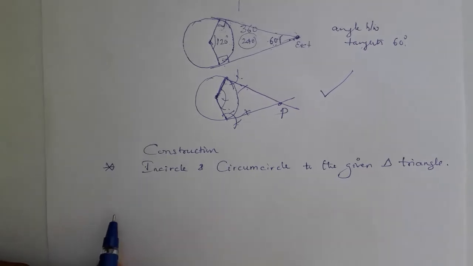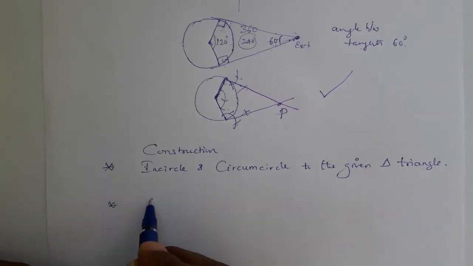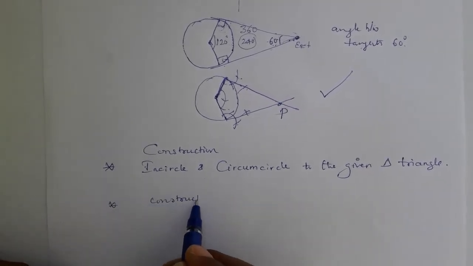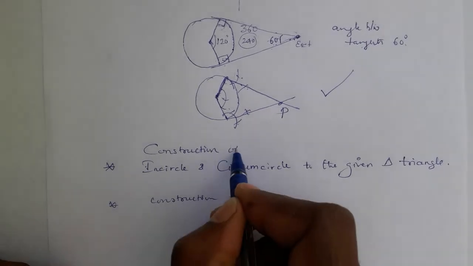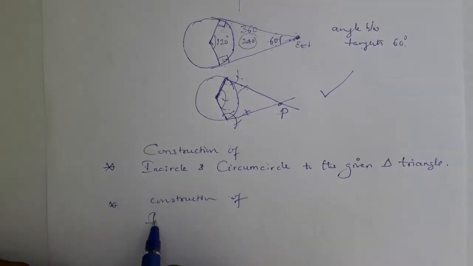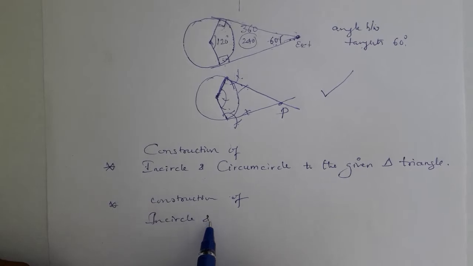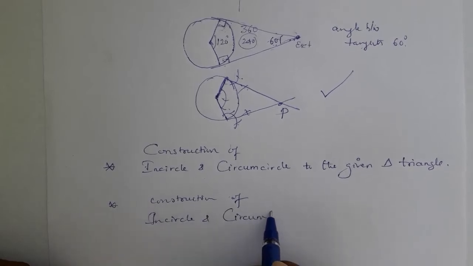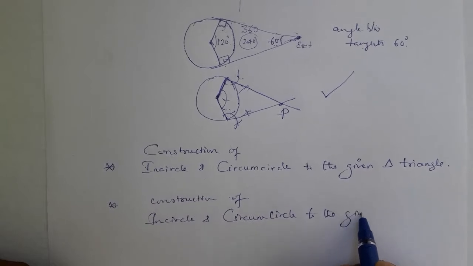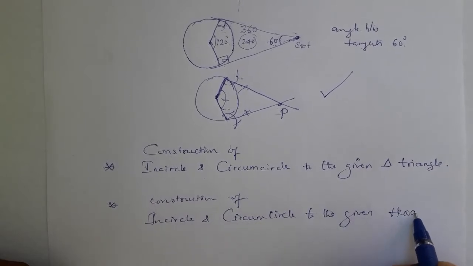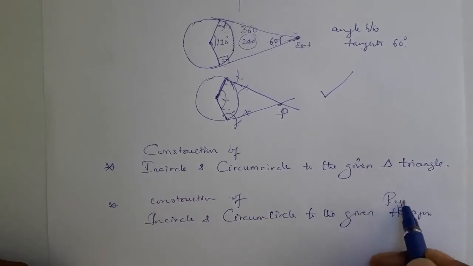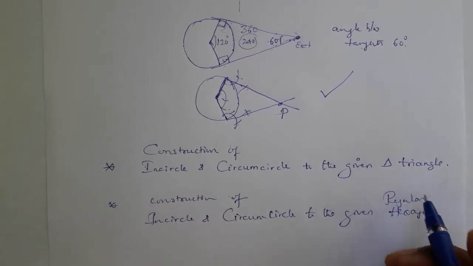One more, third type of construction is also there, that is construction of incircle and circumcircle to the given hexagon. It's not only a hexagon, it is a regular hexagon. All sides and all angles are equal.